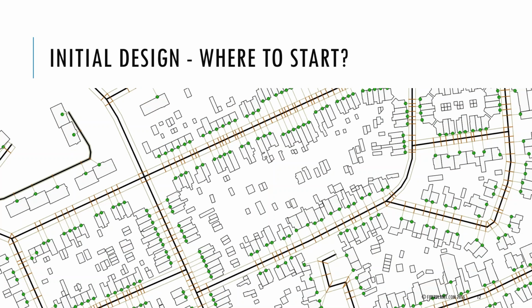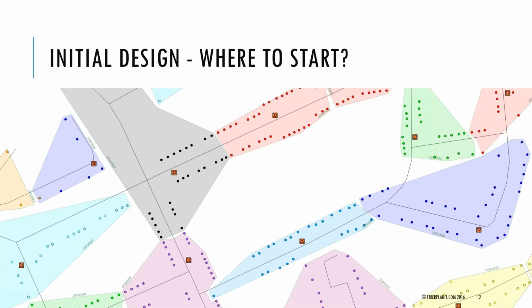Then FiberPlanIT will take this information and determine where trenching is possible and how these buildings should be connected to these possible trenches, and decide how to cluster the buildings together to the different fiber concentration points.